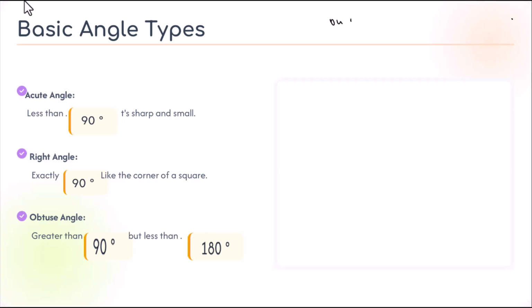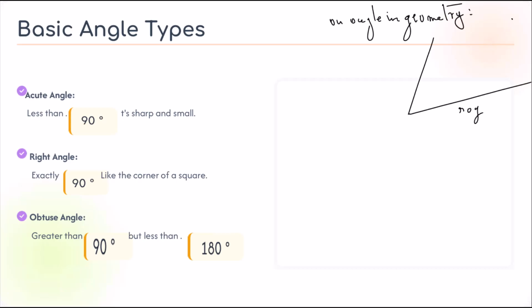An angle in math, or more specifically in geometry, is a region of space determined by the intersection of two rays. Okay, so this is the ray. It's like the ray of the sun, of course, sunshine. So this region here is called an angle.